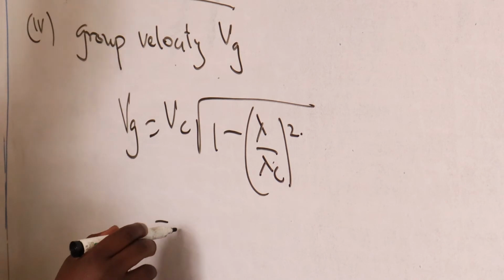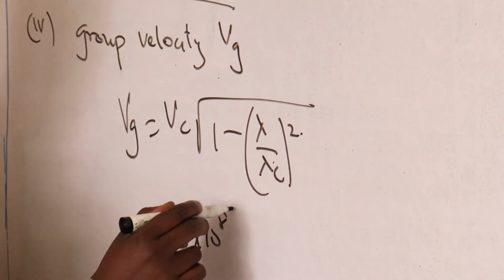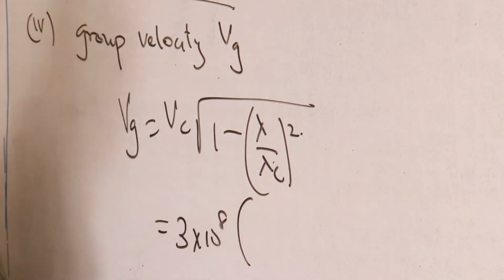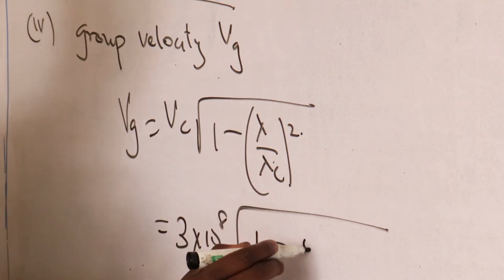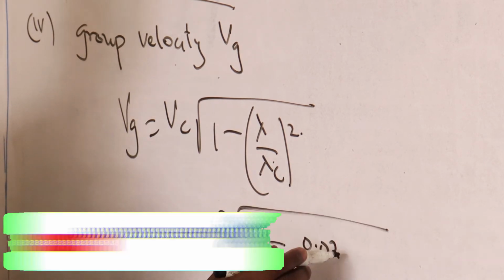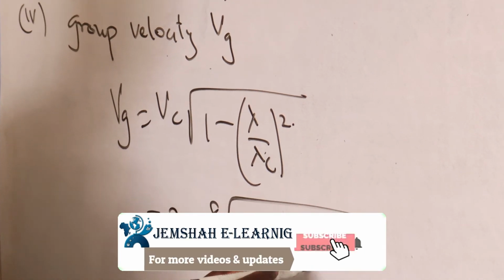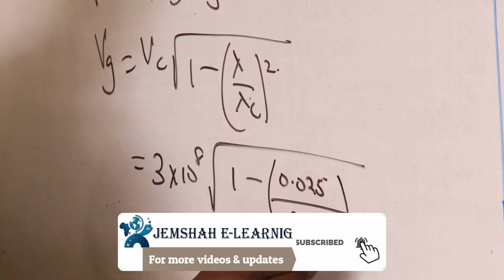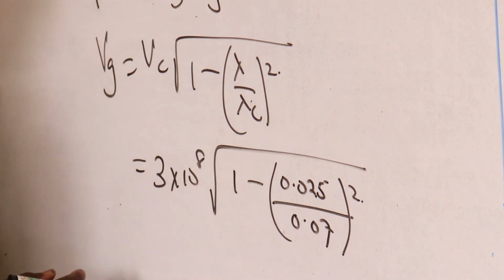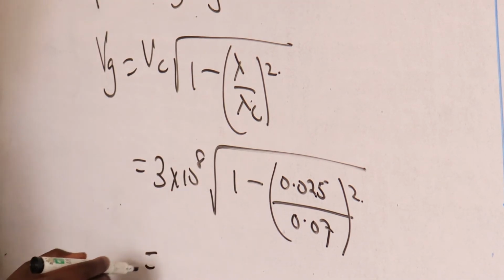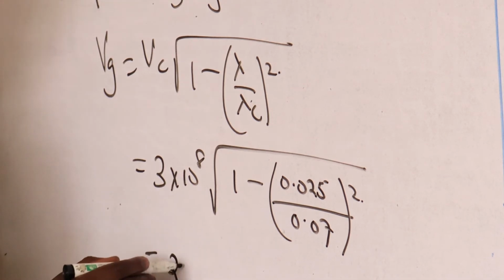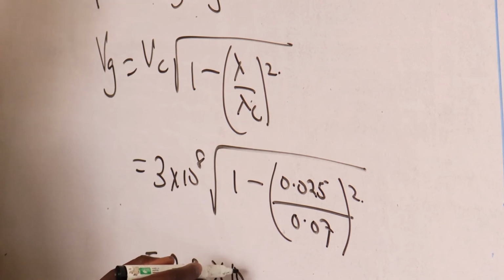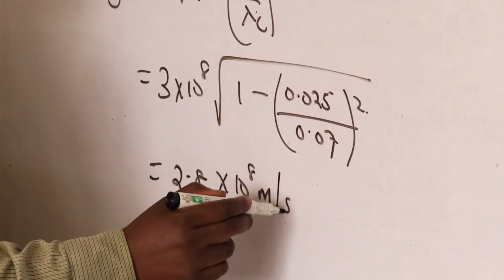So we shall have 3 times 10 power 8 into the square root of 1 minus the free space wavelength 0.025 over 0.07, squared. Multiplying this, we shall have 2.8 times 10 power 8 meters per second.